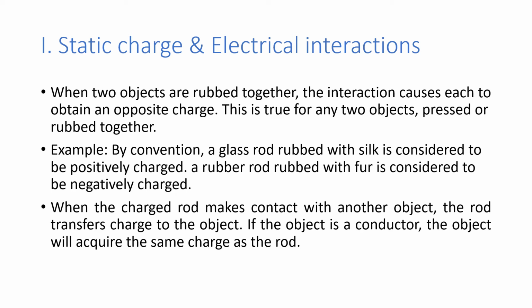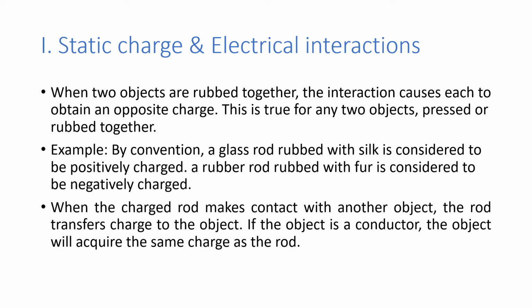When two different materials are rubbed against one another, depending on the electron affinity of the material, one object will lose electrons and the other object will gain those electrons.